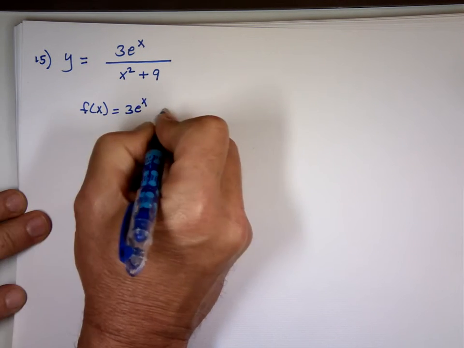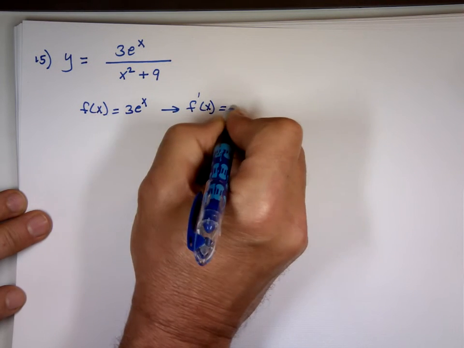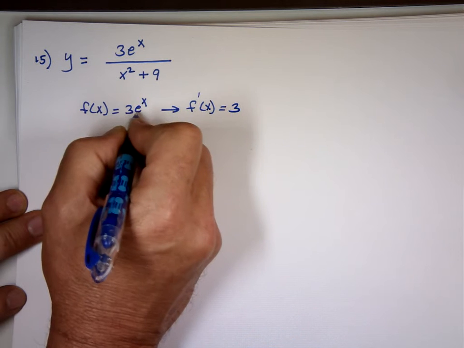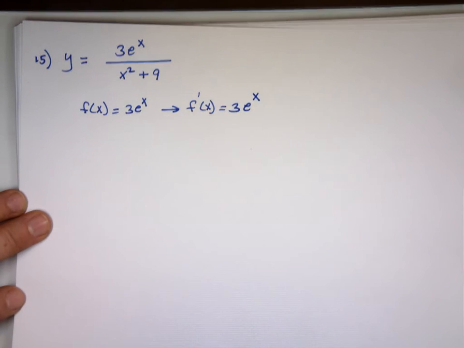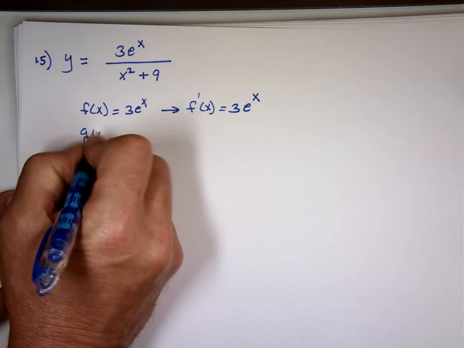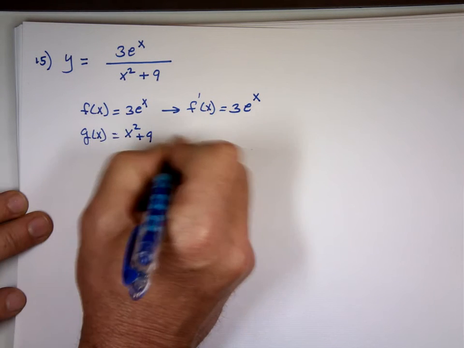And what's the derivative of that? It's 3 times the derivative of e to the x. What's the derivative of e to the x? E to the x. And what is g of x? X squared plus 9. And what's the derivative of that? 2x.